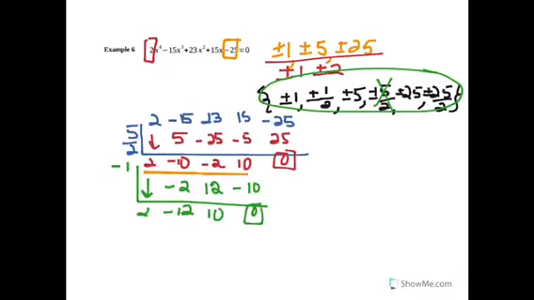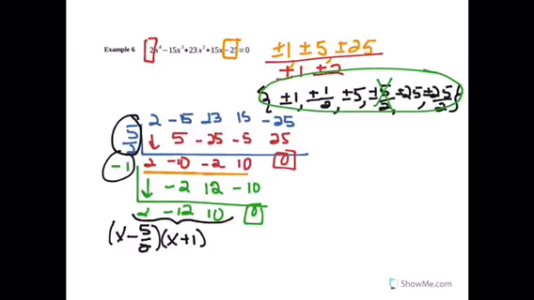and now I'm left with this guy. Okay, so what do I get? I get this guy right here, x minus 5/2. I've got this guy right here, x plus 1. I've got this guy right here, which I'm going to pull a 2 out of, x squared minus 6x plus 5.